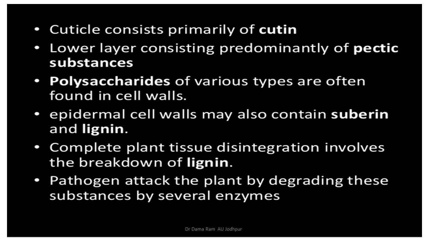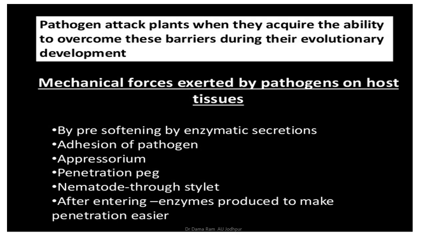Complete plant tissue disintegration involves the breakdown of lignin. After breakdown of lignin, suberin and all plant layers, the pathogen invades the plant tissues, the plant cells. So what are the mechanical forces created by the pathogen to invade further tissues of a plant?